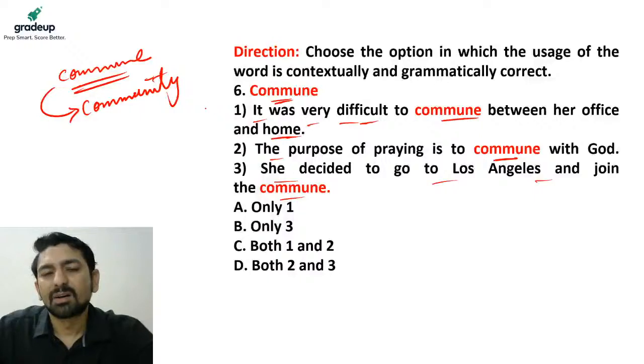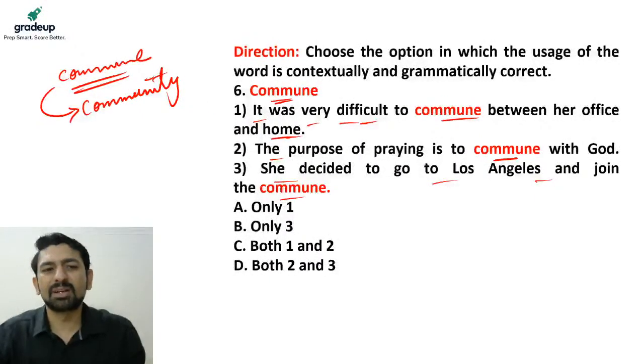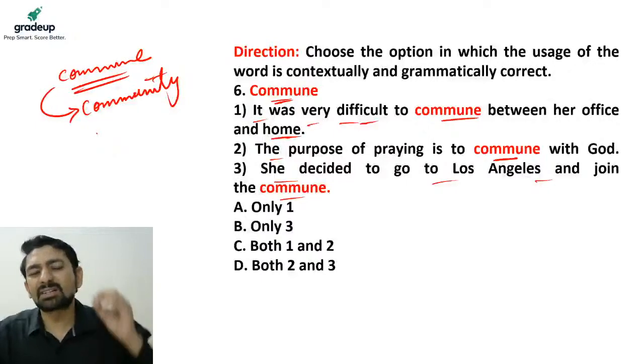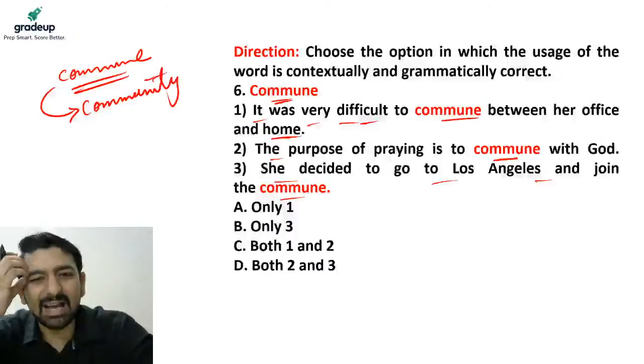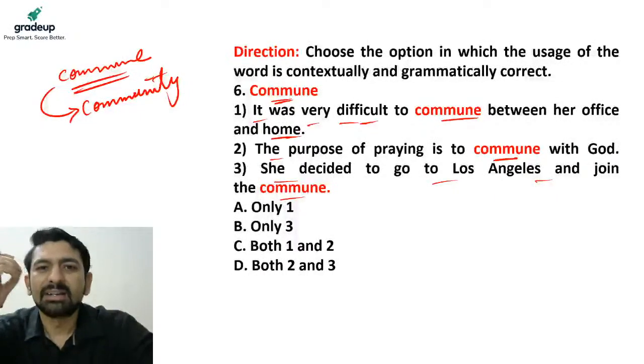When people belonging to a similar class come together and stay together, that's commune. Commune can also mean having a spiritual thinking, having a divine thought. Do you know what divine is? Divine means related to God. So that is also commune, having divine thoughts or spiritual thoughts.